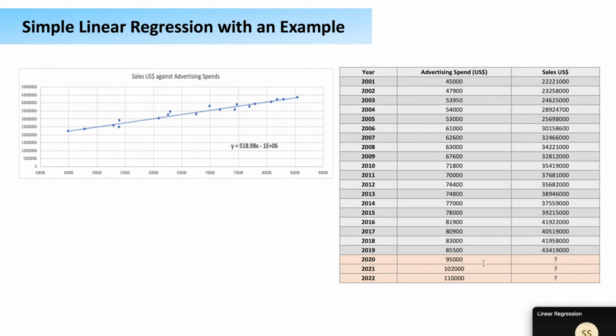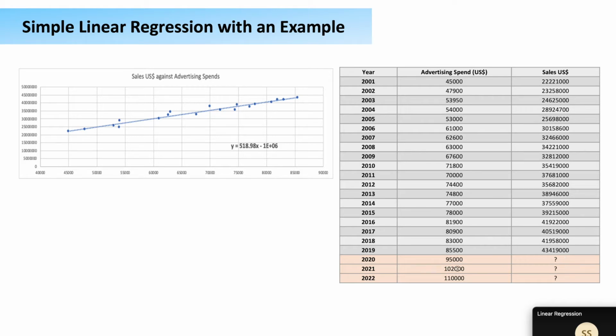Okay, so this problem that we are going to solve is that here is the data that we have till 2019. For 2020, 21 and 22, I want to find out if we spend $95,000 for advertising, what is the approximate amount of sales that we can expect.